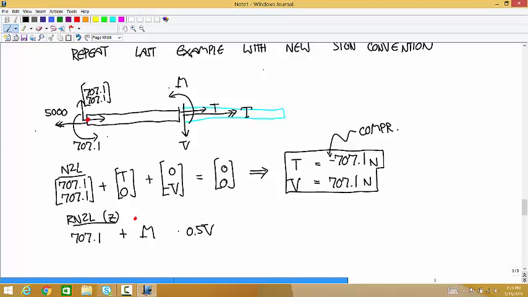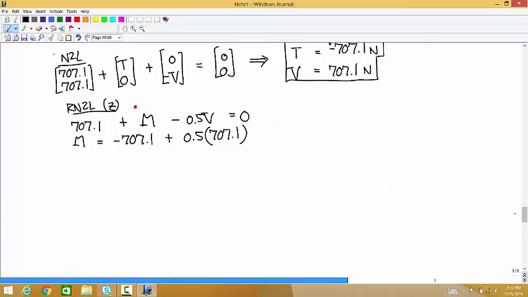Clockwise, so this is negative. So M is equal to negative 707.1 plus 0.5 V, and we can substitute in the value for V. And so we get that M is equal to negative 353.5 Newton meters.